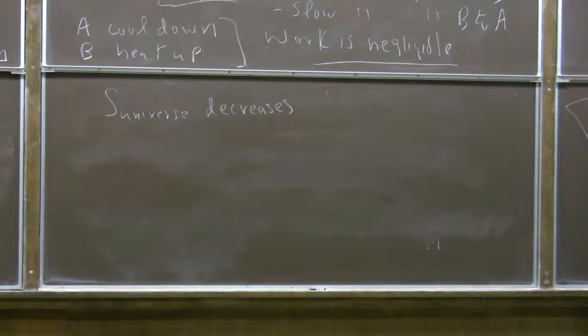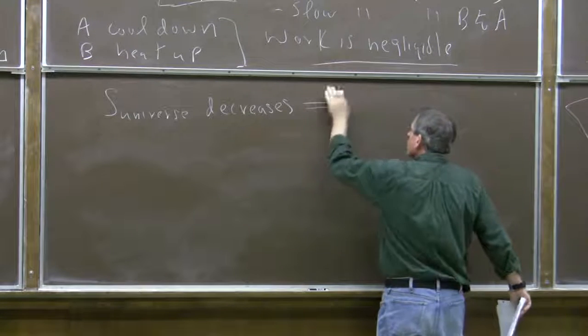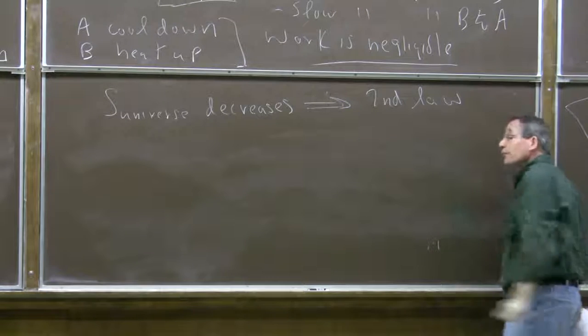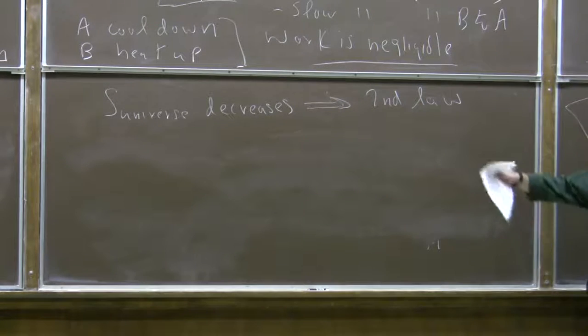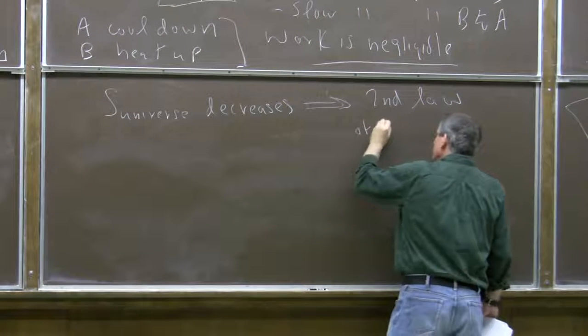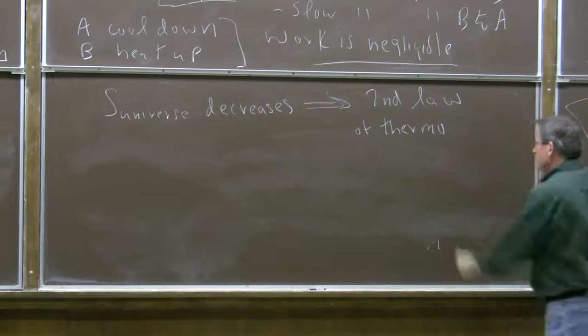Okay, so something seems wrong here, and Maxwell knew there was something fishy about this, but he couldn't quite put his finger on what was wrong with it. So it seems like, under these circumstances at least, the second law of thermodynamics can be violated. Granted, it requires a fairly advanced civilization maybe to carry out this program. But some centuries from now, maybe we'll be able to do it.